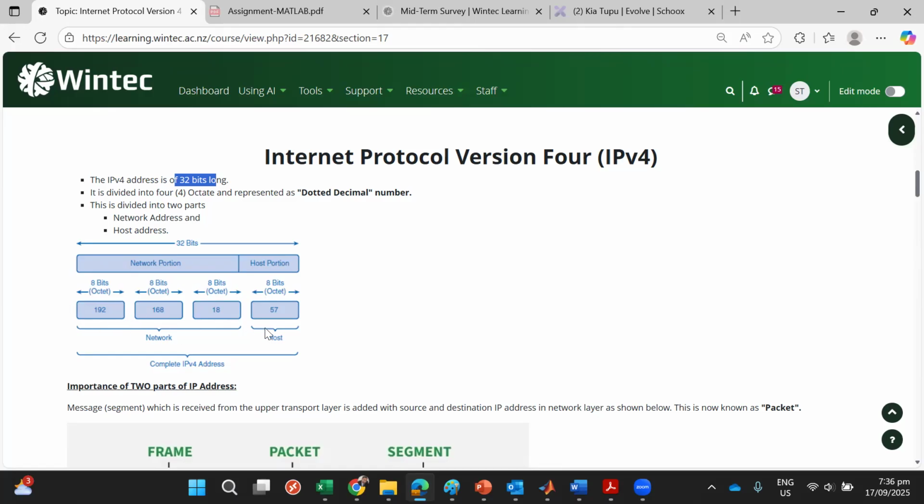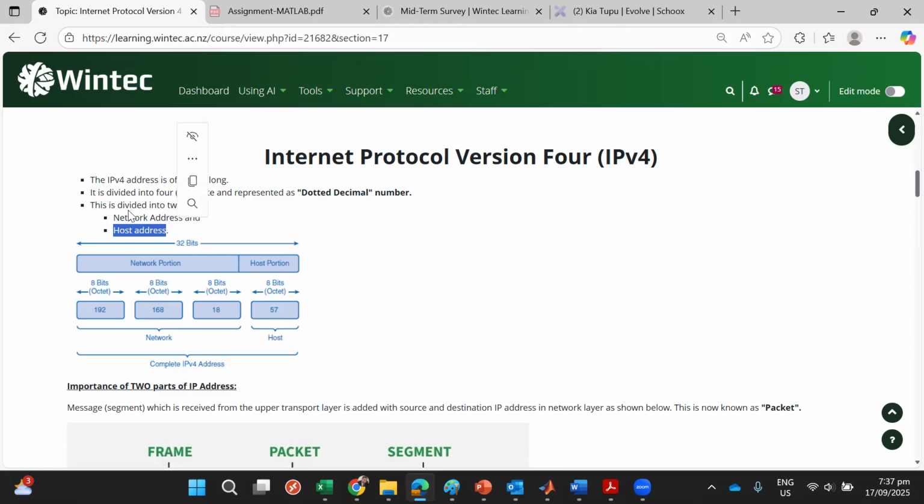That is the characteristic of IPv4 that we have learned. And it has 2 parts, 2 sections, or 2 components. One is called the network address, another is the host address.